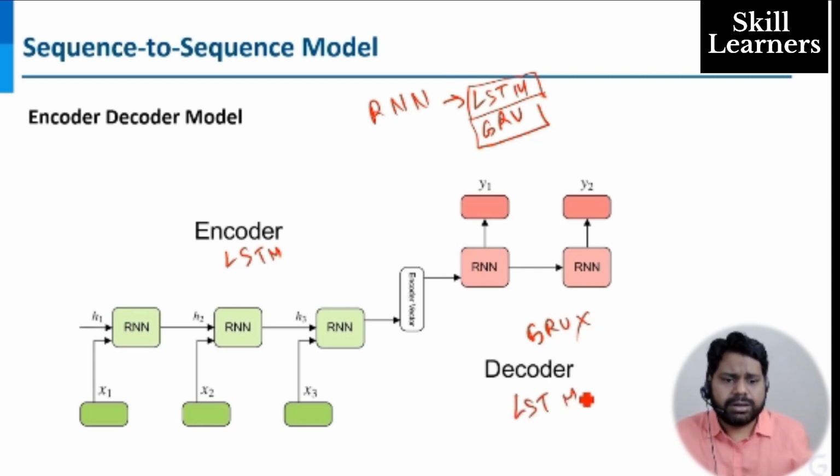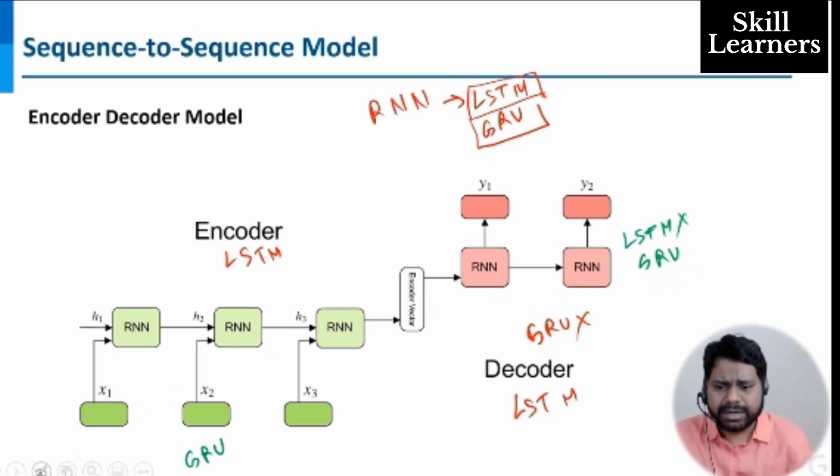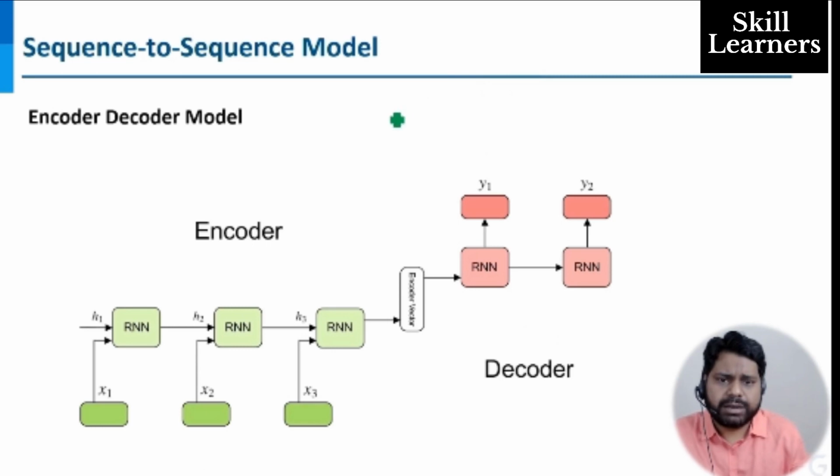Or if we are using GRU, then we will not be using LSTM; we will be using GRU only. Now let's try and understand how this encoder decoder works. So we can have a box something like that.